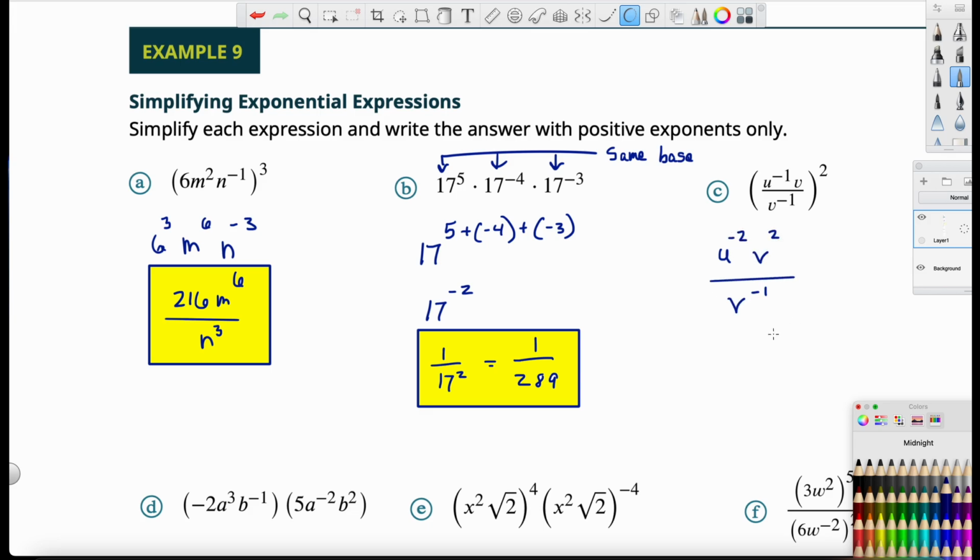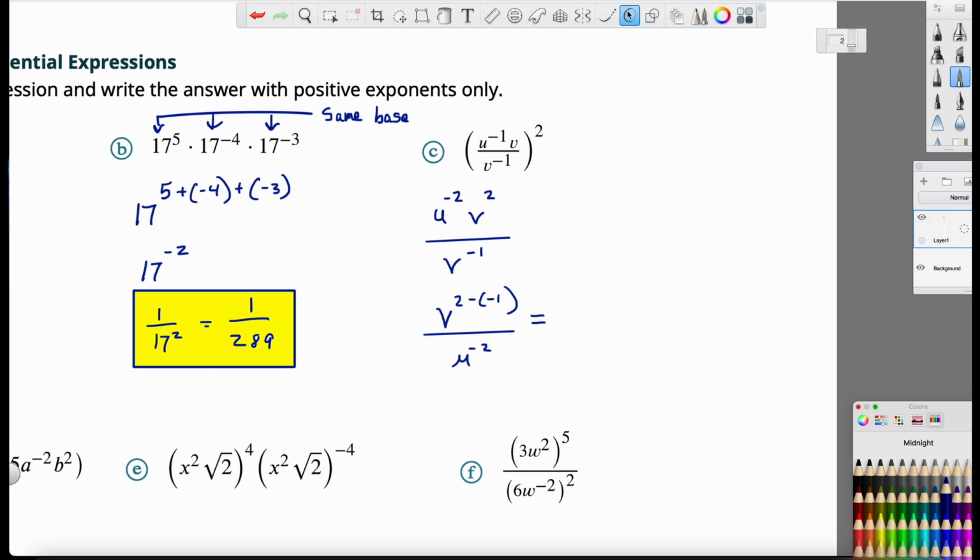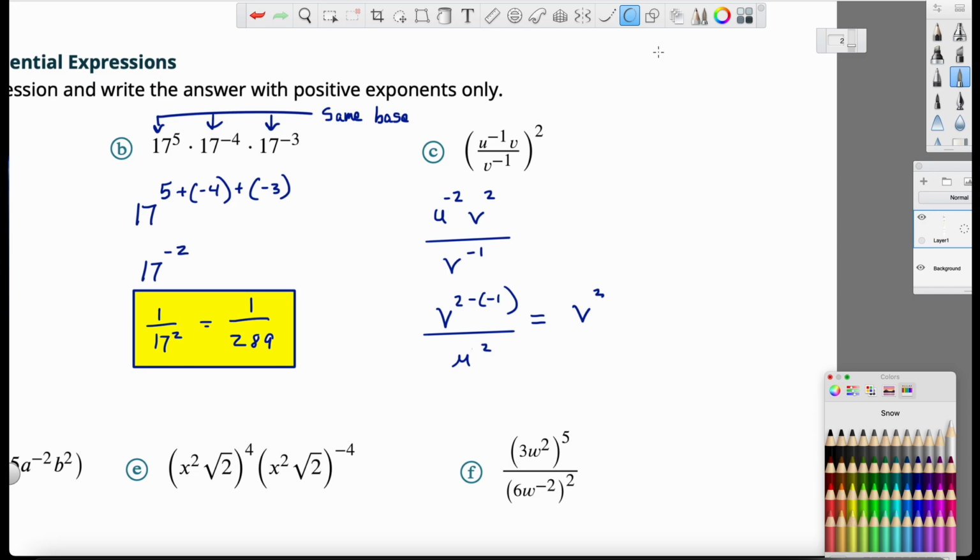Part C, distribute the power of 2. We've got a v term in the numerator and denominator. I could use the quotient rule and write the exponent for u as a positive.